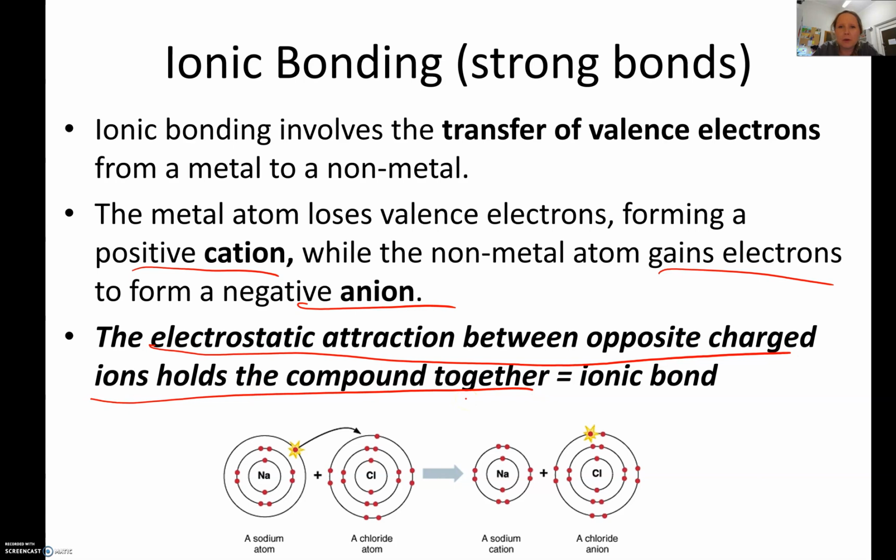Now we know that every bond in chemistry is electrostatic, so it's always important if you're defining a type of bond that you mention the words electrostatic and state the positive and negative that are being attracted. So in this case it's the positive ion and the negative ion. And you can see an example here where sodium is donating an electron to chlorine, that becomes Na+ and Cl-, and the attraction between these two is the ionic bond.